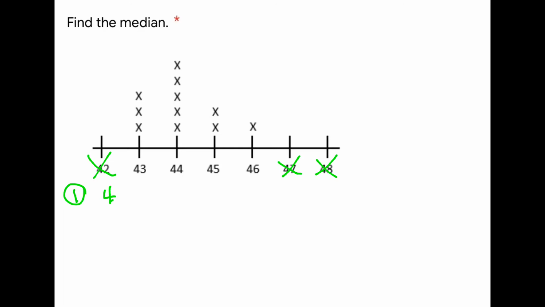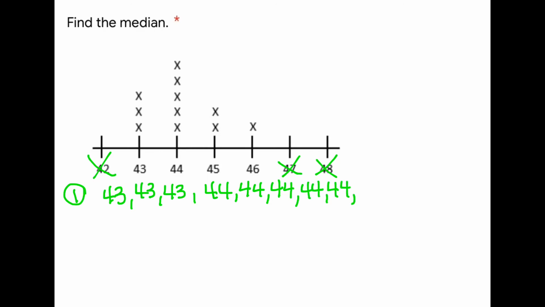But we need to write out 43 3 times because there are 3 X's on 43. 44 has to be written out 5 times. 45 has to be written out twice and 46 once.